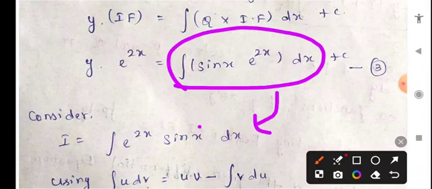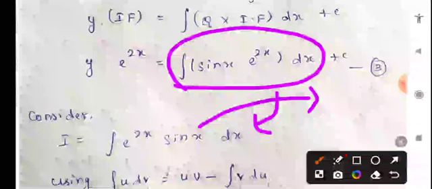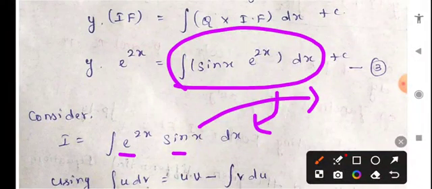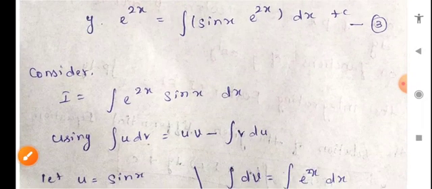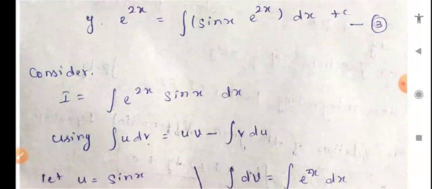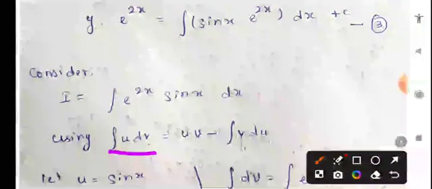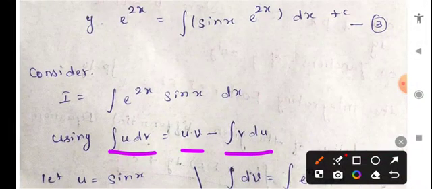Now this is in the form of a product of two functions. So we have to apply the integral u dv formula. What is the u dv formula? Integral over u dv is equal to uv minus integral v du.